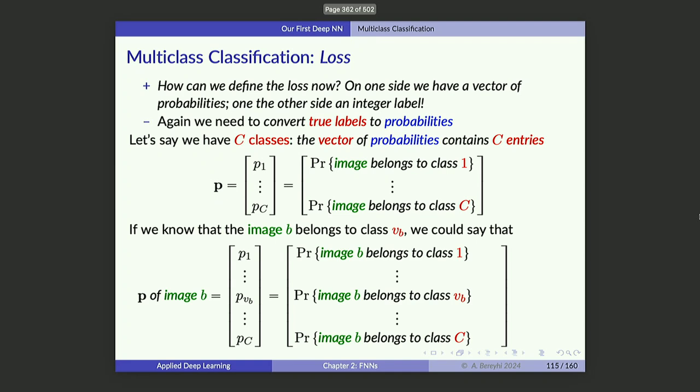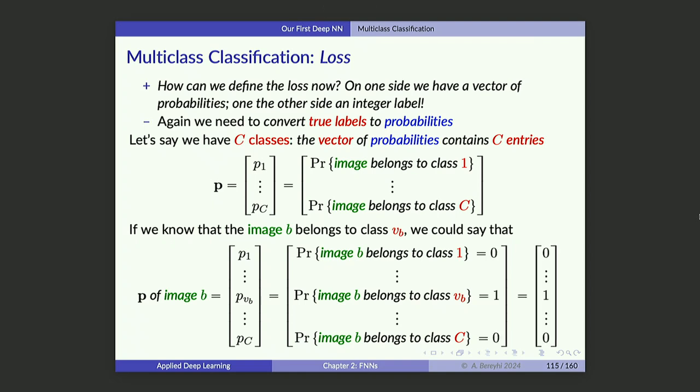Now, if I see that I have label V for one particular image, so I look at one image in my data set, and it says that this image is in class 3. Then, what is the chance of being in class 1? 0. Class 2, 0. Class 3, 1. Anything else? 0 again. So you're going to have such a vector of probabilities.